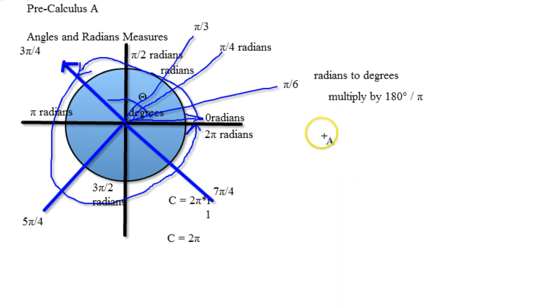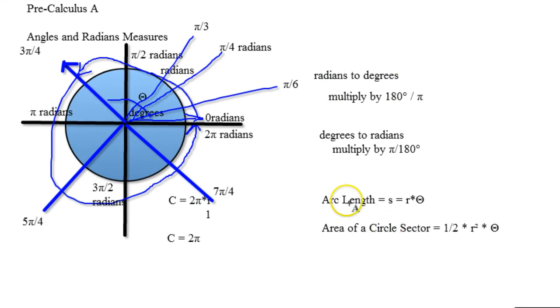And the reverse is also true. If you want to go from degrees to radians, you multiply by pi divided by 180 degrees.